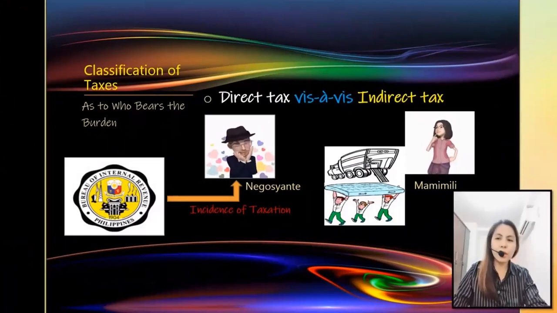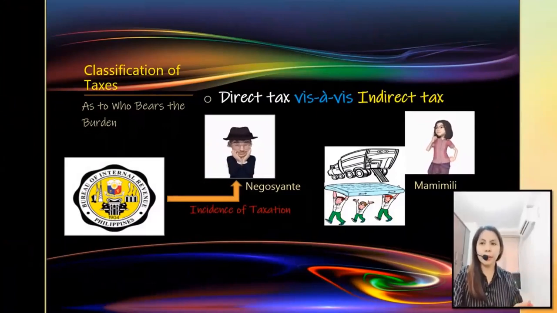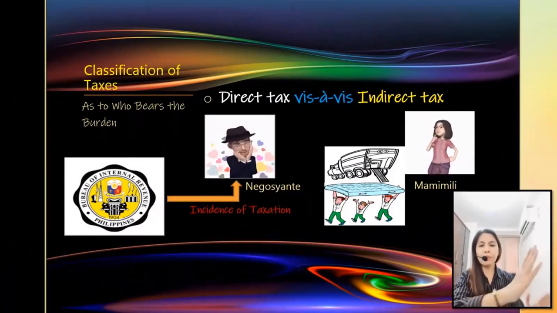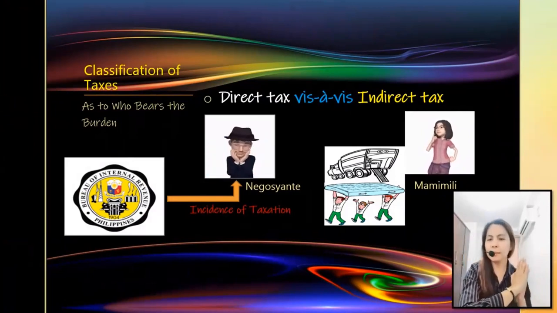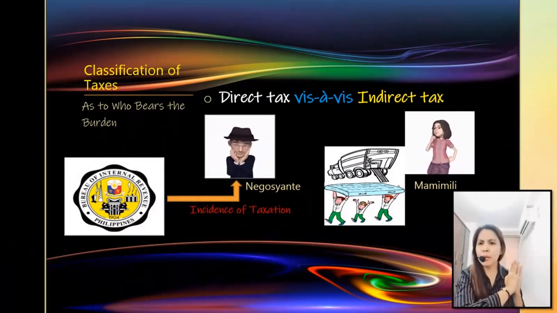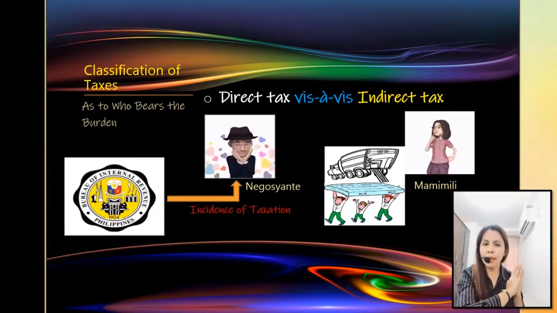Classification of taxes as to who bears the burden may either be direct tax or indirect tax. Let us illustrate. Assuming that we have Mr. Negosyante. He is engaged in selling of face masks, PPEs, and medical supplies. In this time of pandemic, Mr. Negosyante is the only one who is happy because he is deriving more income.